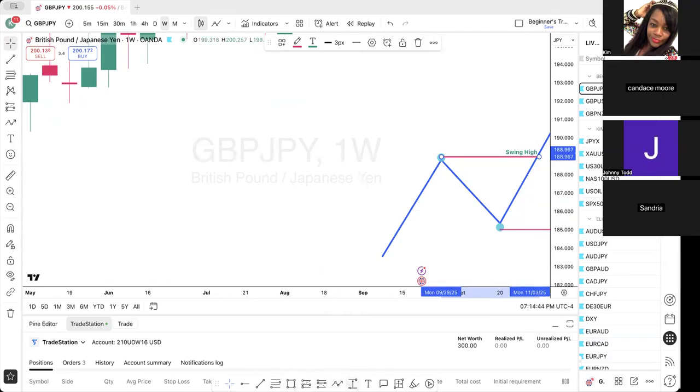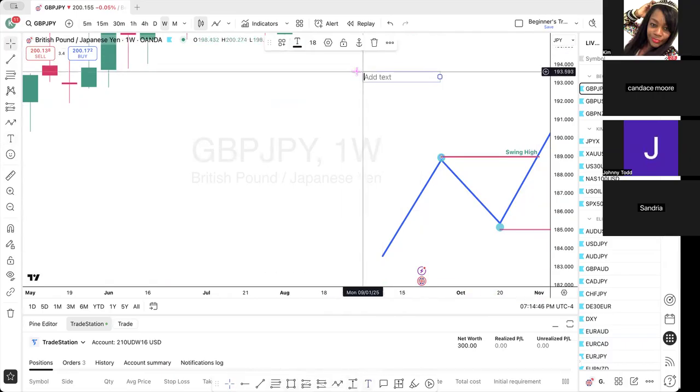And I'm going to try to jot down notes as I'm going. A break of a swing high or low equals a break of structure.